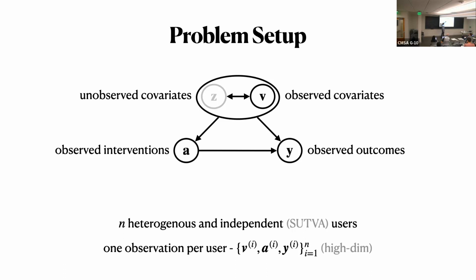And then there is something that's not observed. These covariates, unobserved and observed, are impacting both what interventions are chosen and what the outcomes are. And really what we would like to do is, if we change this, what would the outcome look like, and to account for that, we will have to figure out Z, because otherwise we'll be in trouble. We'll be in trouble exactly like in the previous example I showed you.